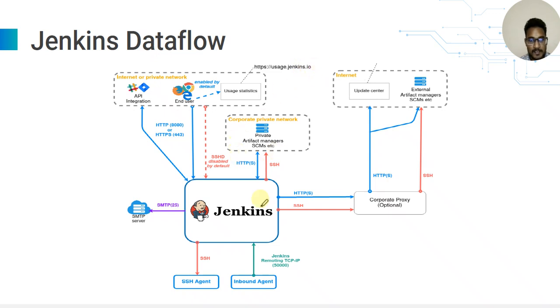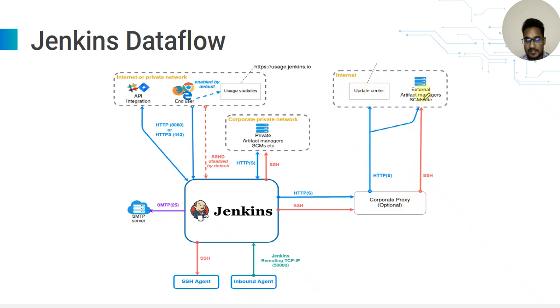usage.jenkins.io. And Jenkins is HTTP and SSH both connected to a server. The server is a private artifact management SCM spectrum. HTTP and SSH are connected to the corporate proxy. And HTTPS is connected to the update center.